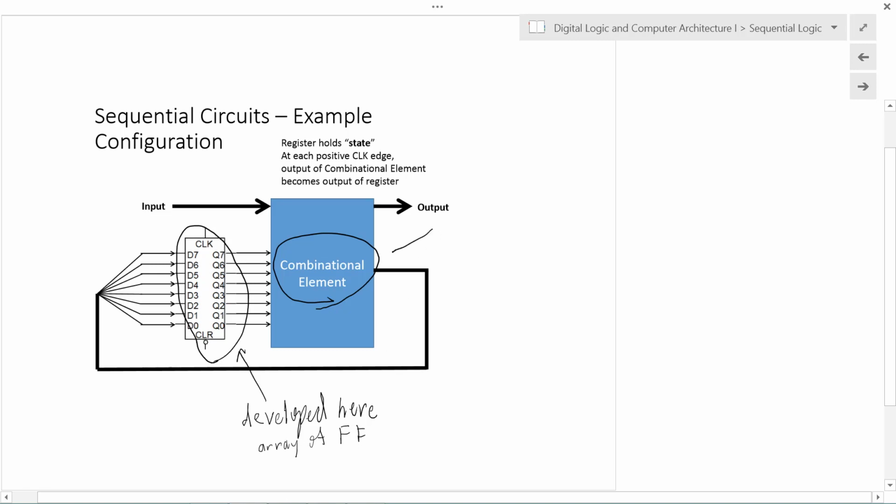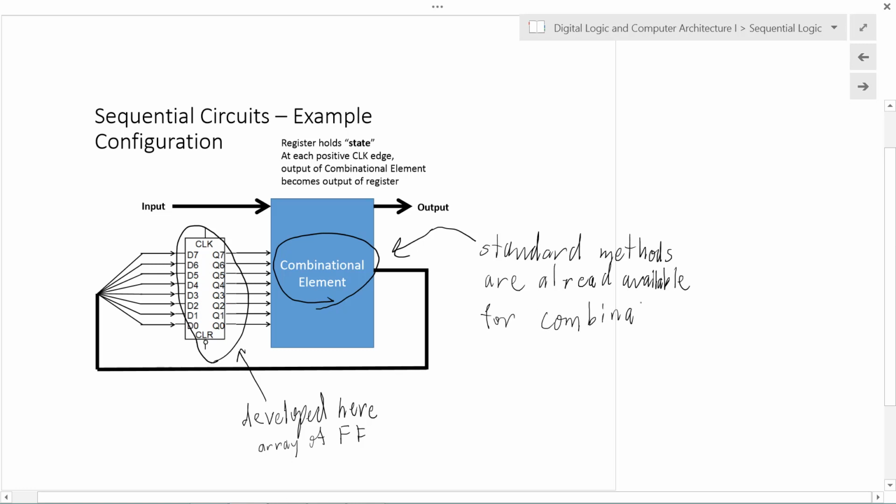What about the combinational elements? Well, standardized methods are already available for combinational circuits.